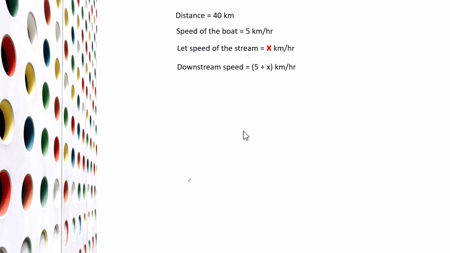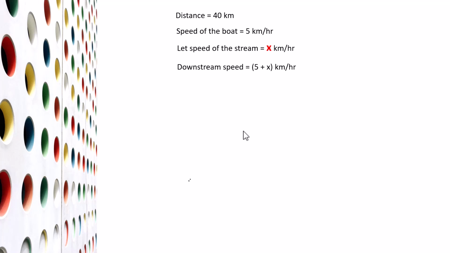Downstream speed would be the speed of the boat plus the speed of the stream. If you are flowing in the direction of the stream, its speed is also included in the speed of the boat.